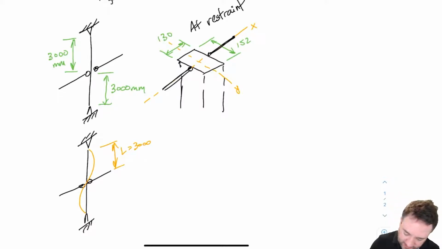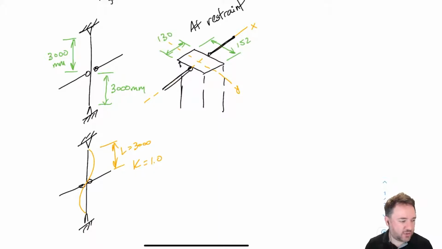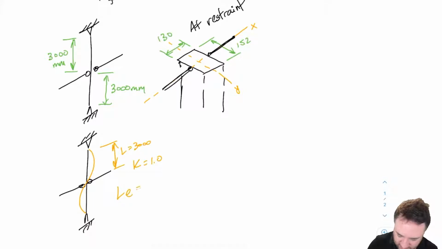And the K is going to equal 1.0 because this buckles in just a single curve. Okay, so you can go back to the video where we talk about figuring out what the K value is, the effective buckling length factor. And that means that our LE is going to be 3000 millimeters. So this is for weak axis buckling.